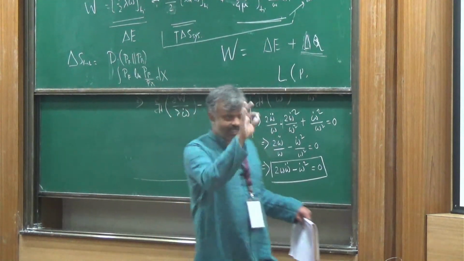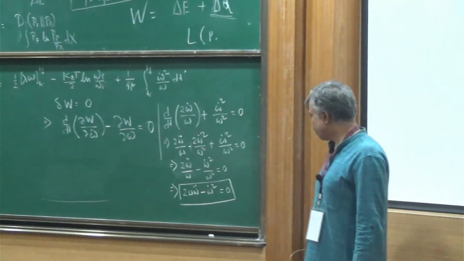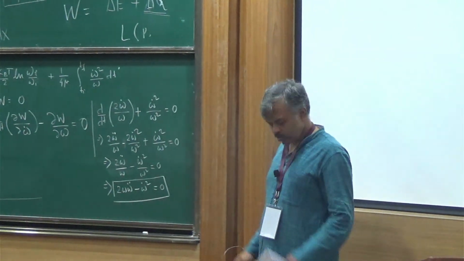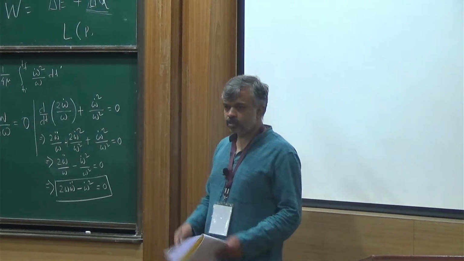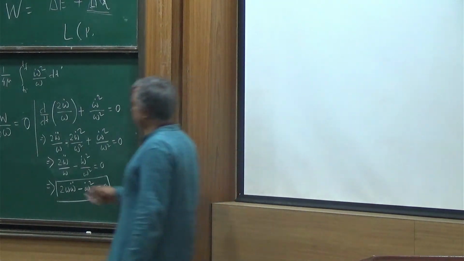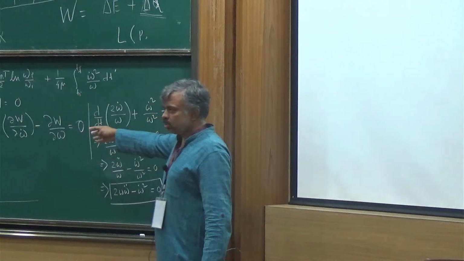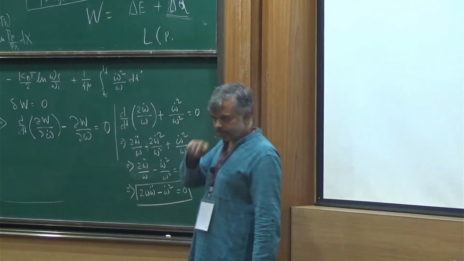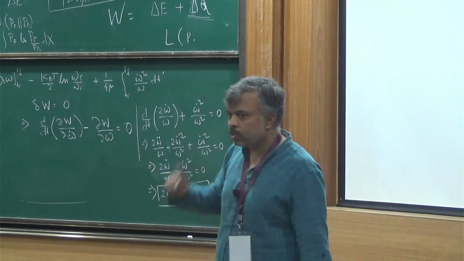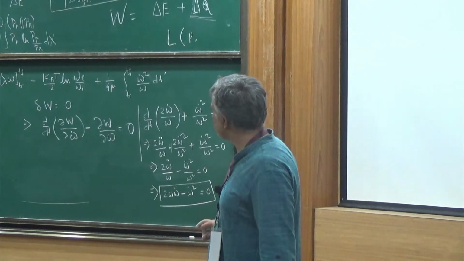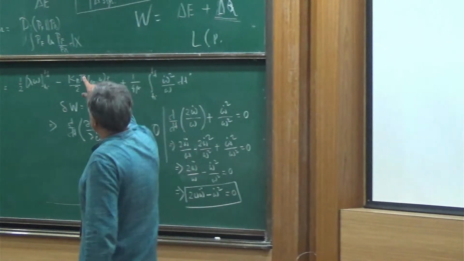So this is my equation of motion. Correct? So this is my Lagrangian, the Euler-Lagrange equation of motion. What is that delta?